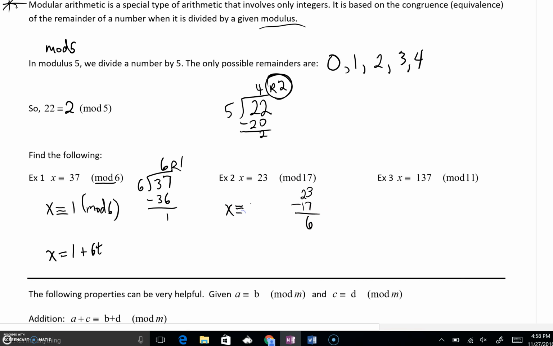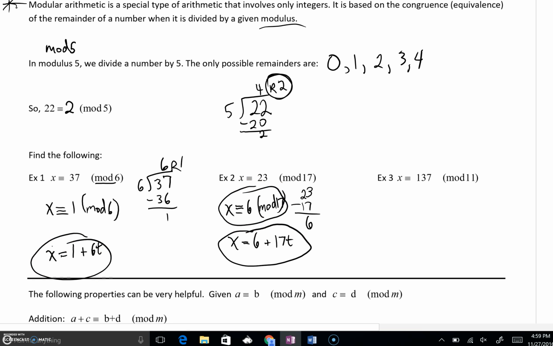So we'd say x would be congruent to 6 mod 17. This is a great solution, but let's also write this parametrically. x is 6 plus all multiples of 17. And that would be another way to write this solution down.